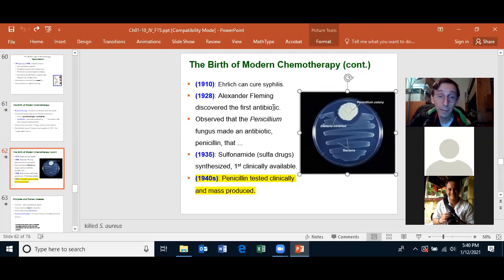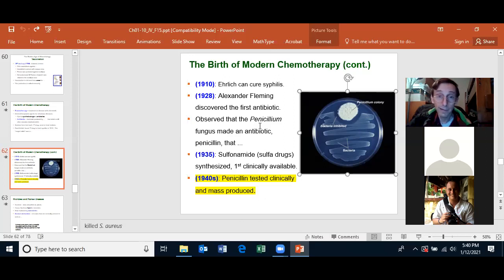And Alexander Fleming did show that penicillin G did kill the bacteria Staphylococcus aureus. Unfortunately, Alexander Fleming was never able to purify penicillin G. And so it wasn't until the 1940s that anyone ever mass-produced it and clinically purified it so that it could be clinically used.